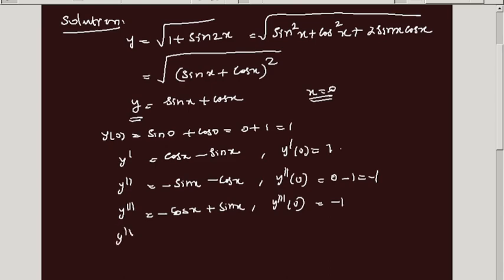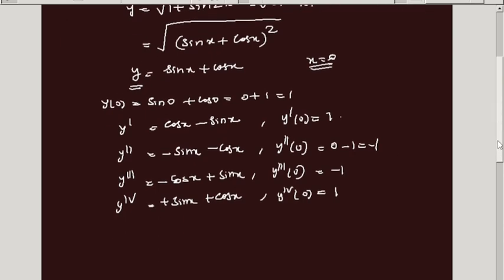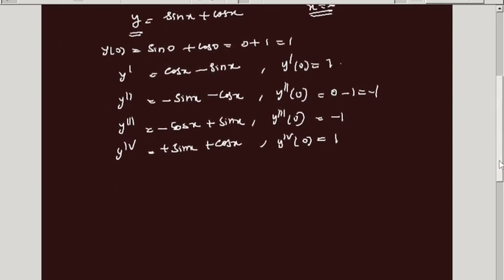So we differentiate once again, minus cos x. So cos x is minus sin x, minus into minus is plus sin x, plus sin x is cos x. So we substitute the initial value, sin 0 is 0, plus cos 0 is 1. So we get 1 here. Now we substitute all these values here.